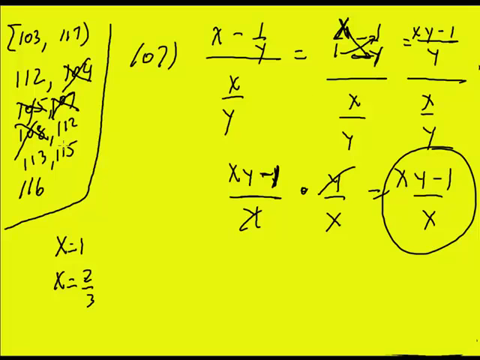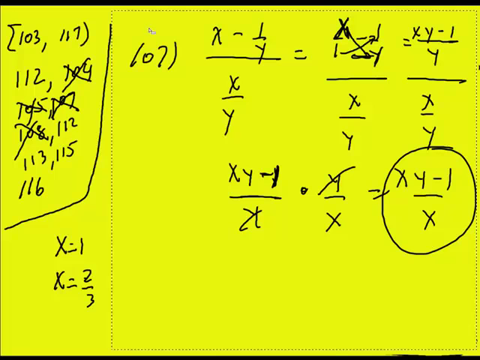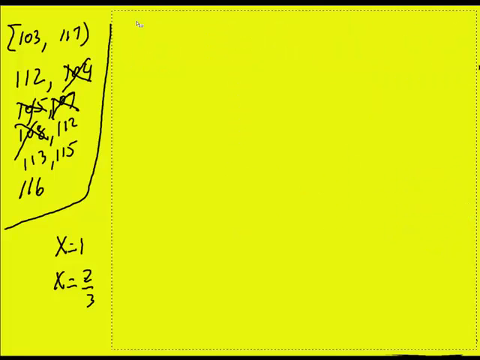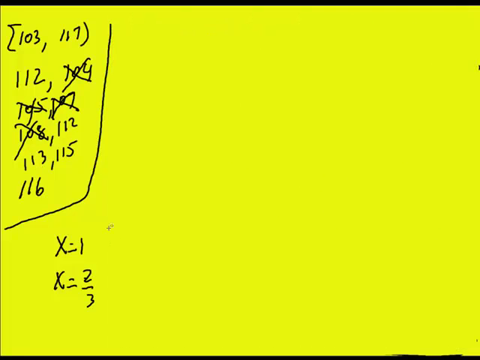Alright, 108. Simplify. 1 over x minus 2 minus 1 over x plus 2.